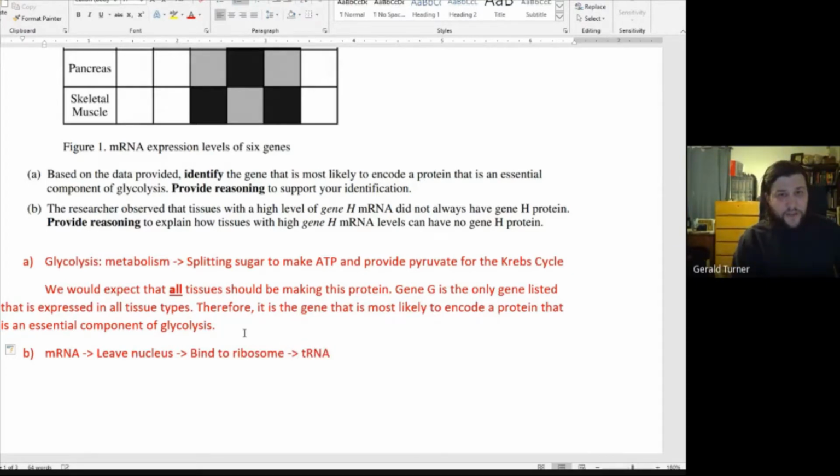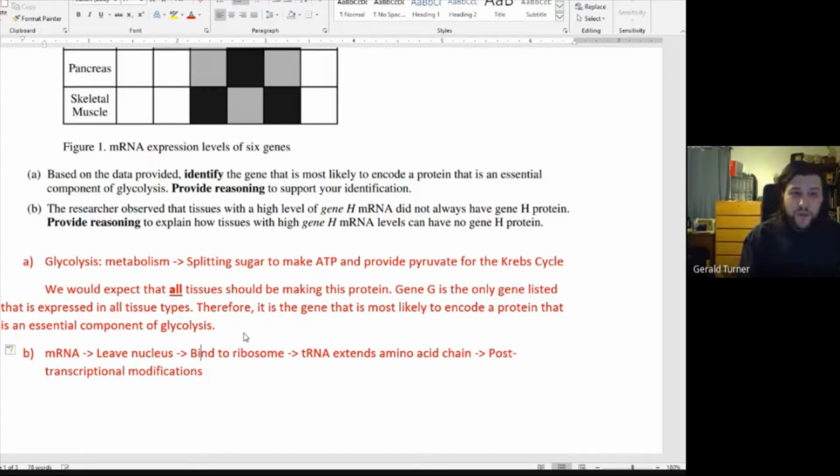And the tRNA is going to extend the amino acid chain. After that, there might be some kind of post-transcriptional modifications that happen to the protein.